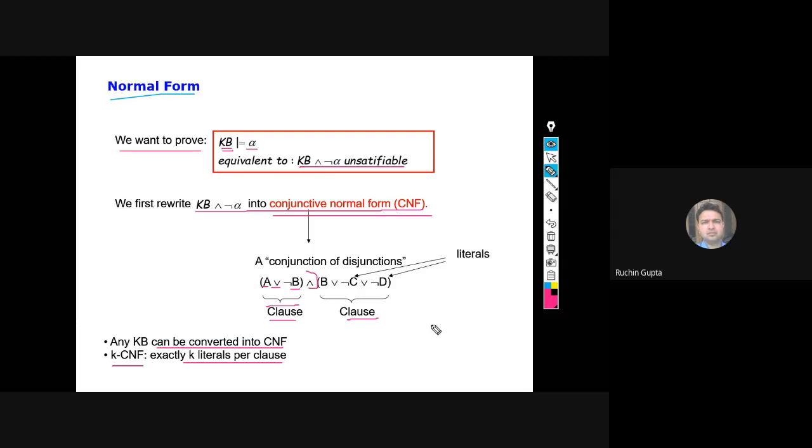Some methods like resolution require you to convert your knowledge base statements into the equivalent conjunctive normal form, and there exists a specific algorithm that can convert a knowledge base into CNF. Are you getting me, all of you?